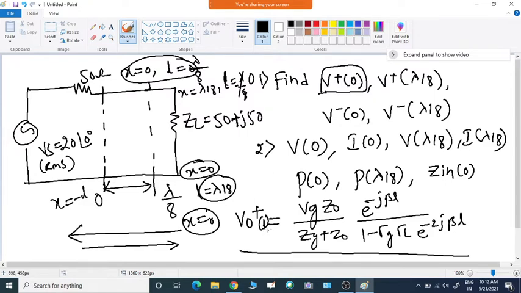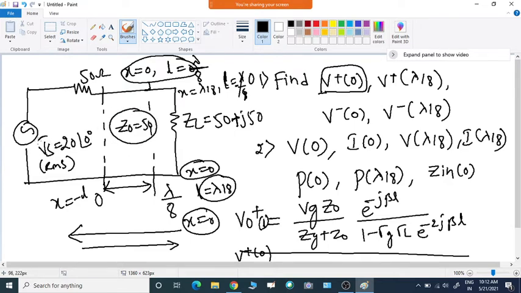Now since it is a function of length, what is V plus of 0? If you substitute L equal to 0, you will get the values. Z0 we know, which is given, the characteristic impedance of the line, which is 50 ohm.